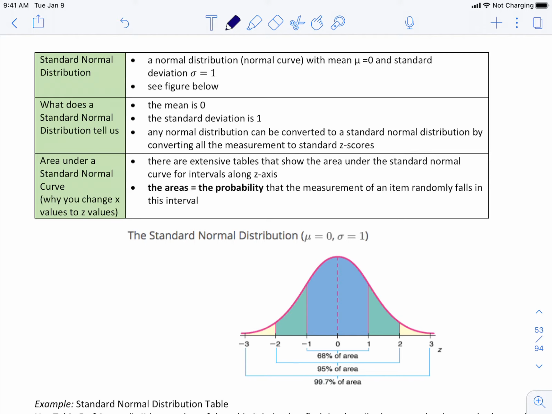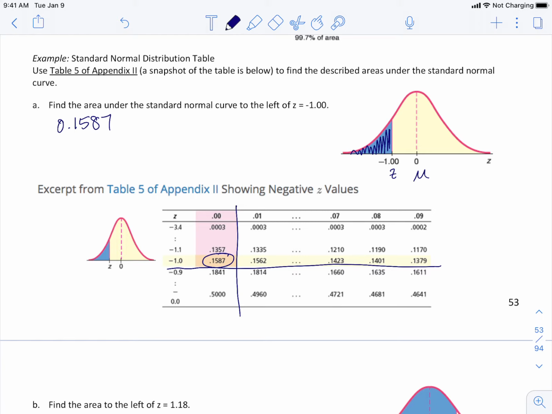My z value is negative 1, so I'm looking at this yellow highlighted line, negative 1.00, and this highlighted pink line. This intersection tells us that 0.1587 is the area under the curve. So our probability that z is less than or equal to negative 1 is equal to 0.1587.